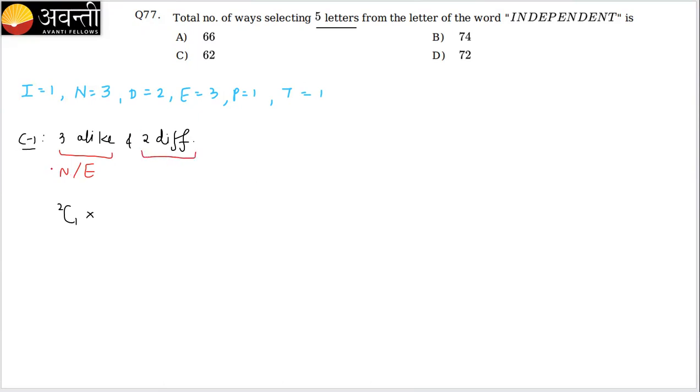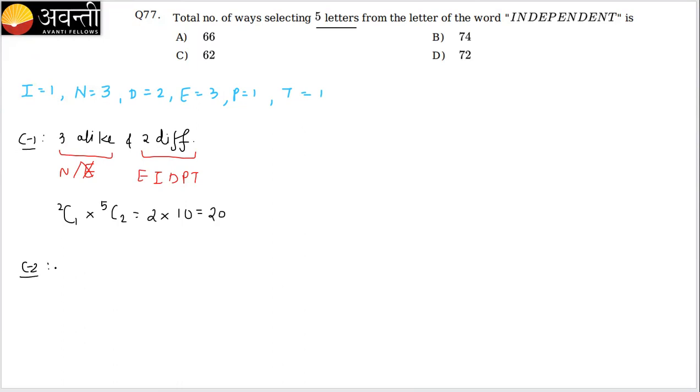Suppose we selected N, so I am left with E, I, D, P, T. So how many choices do I have? 5. Out of these 5 we have to select 2. That means 2 into 5C2. 5C2 is 10, which comes to 20. So case 1 answer is 20.